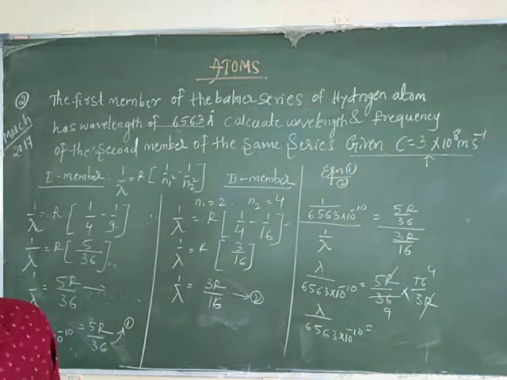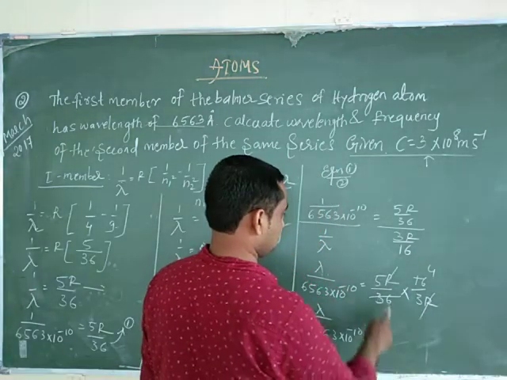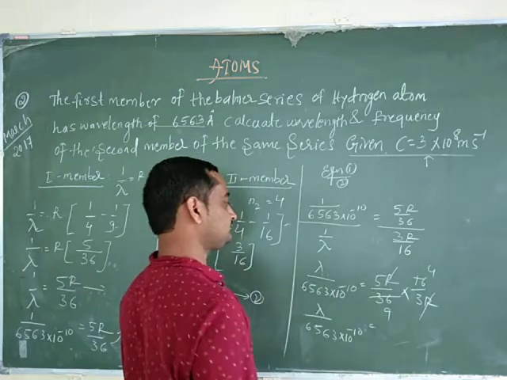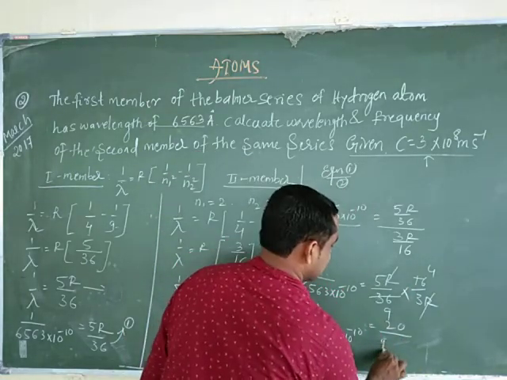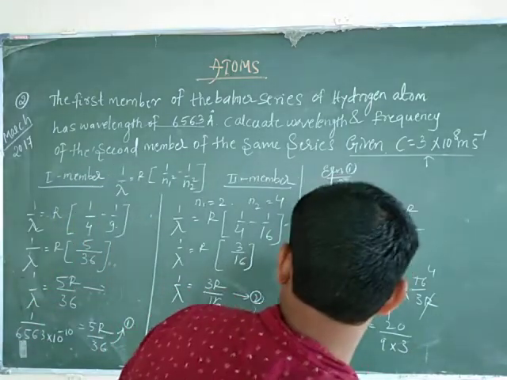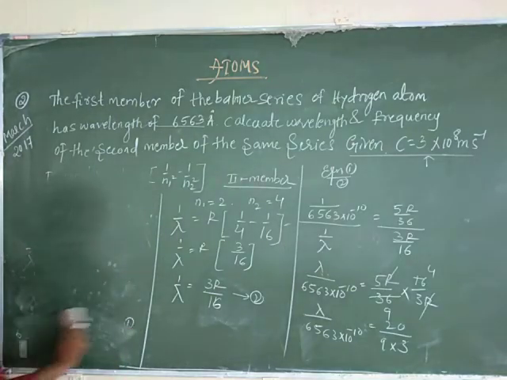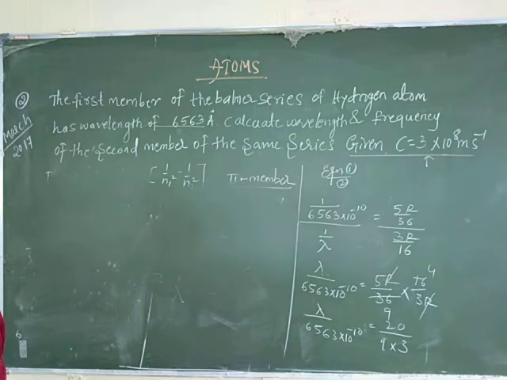So this is equal to 5 into 4, that is 20 divided by 9 into 3. Now again solve this, we want the value of lambda here.